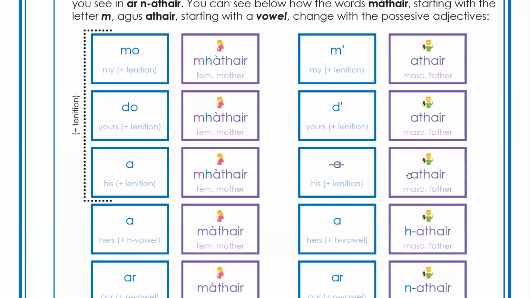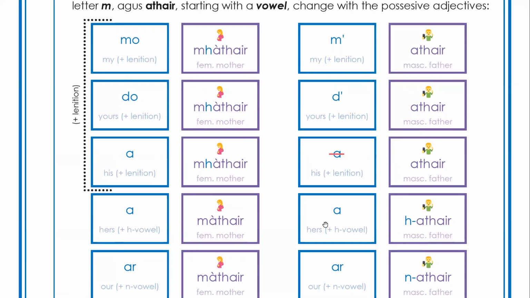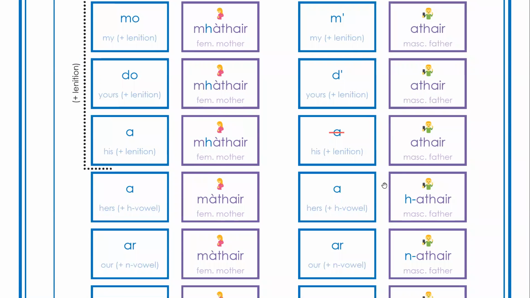It would just be athair. And there's a kind of glottal stop before the word. So 'athair, his father. There's a bit of a glottal stop when you have that in a sentence. With a feminine, the a is retained because we have the h hyphen coming in. So a h-athair, her father.